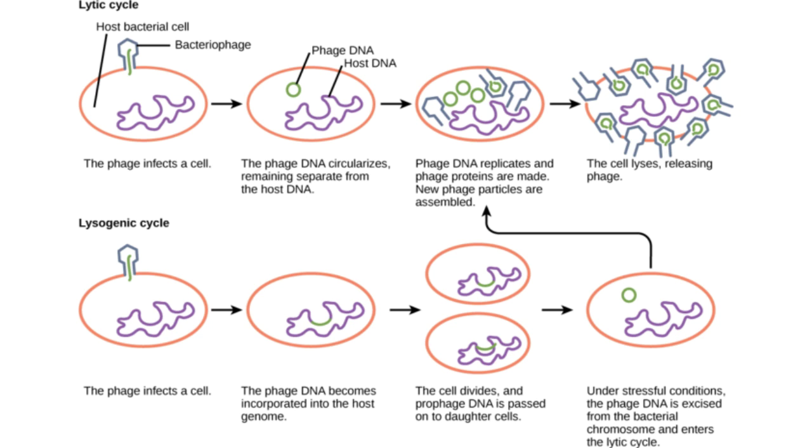The integrated phage genome is called the prophage. A bacterial host with a prophage is called a lysogen. The process in which a bacterium is infected by a temperate phage is called lysogeny.